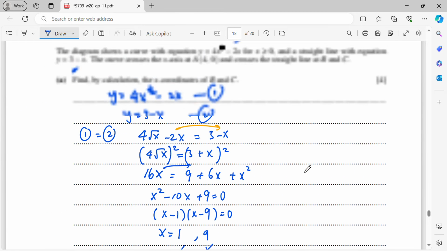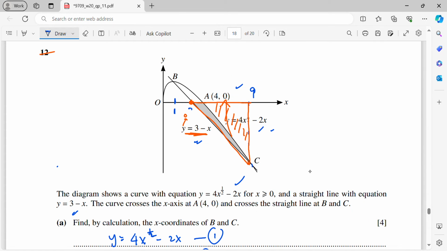So now, okay, there is 3. So I will say that this whole triangle minus area of the shaded region, area of the graph. So now I need to find out what is my length here. Okay, because I know that here is 9. Then I know that this is going to be 6.